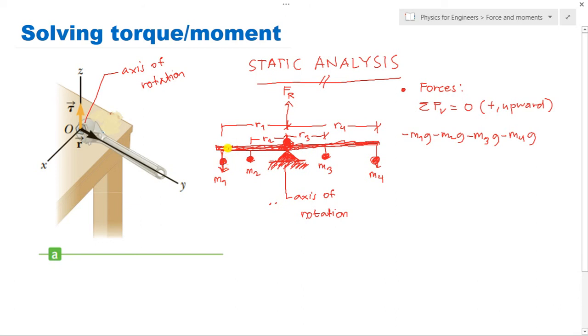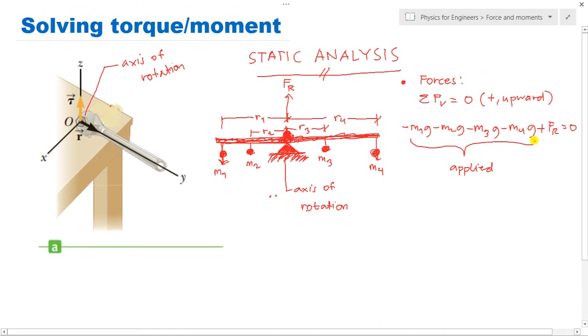But here I consider the entire system, the whole system. So here we have what is called the resultant force. It counteracts the weights. So that is plus Fr equals 0. That is our static analysis using the force. We cannot have no resultant reaction force. Again, for static analysis, for every action there is an equal and opposite reaction. This is the reaction force and these are the applied forces. They are equivalent to Fr. Okay, understood?